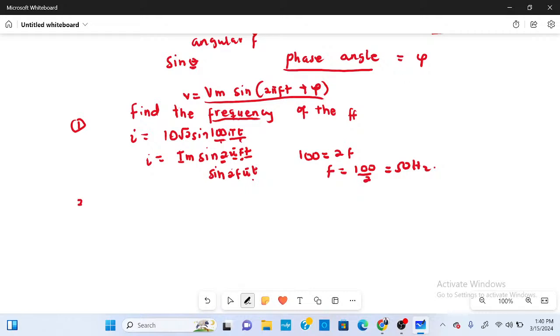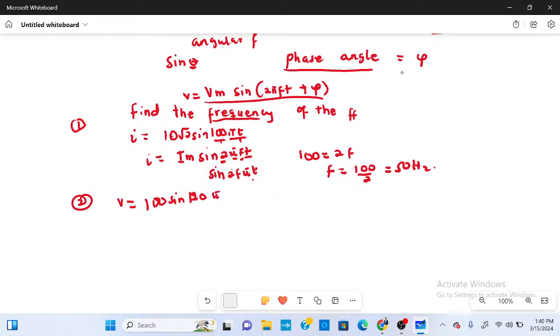Likewise, I have a second quantity, which is V equal to 100 sine 120 pi t.